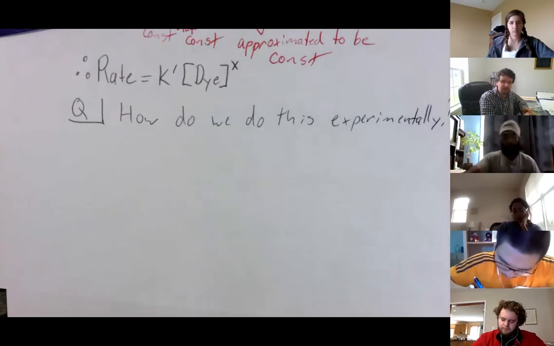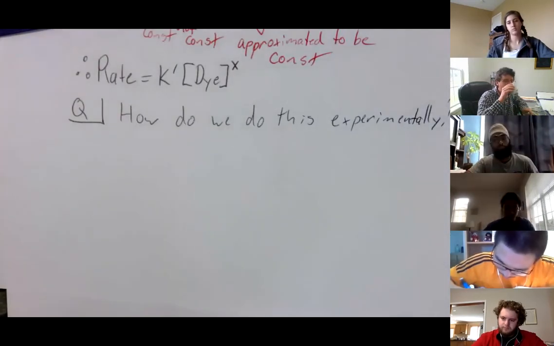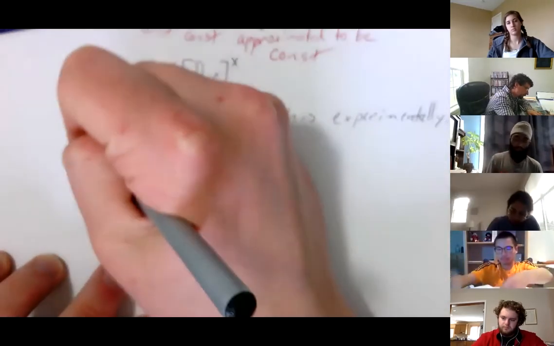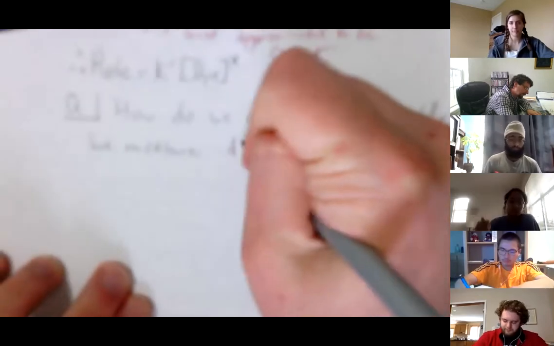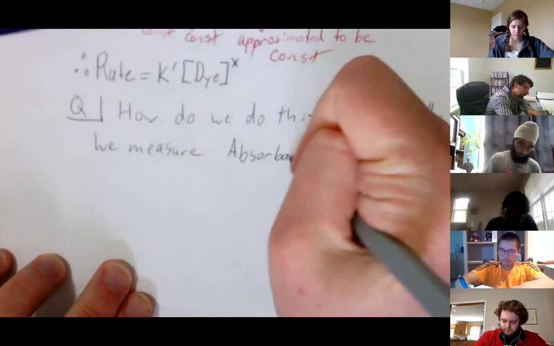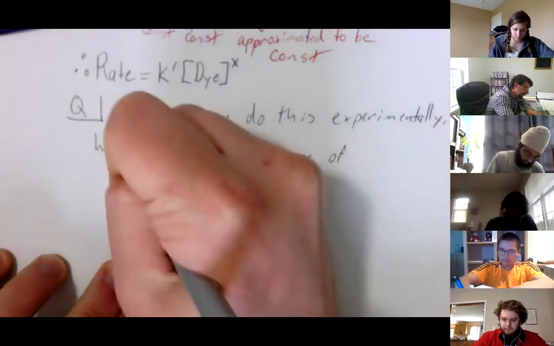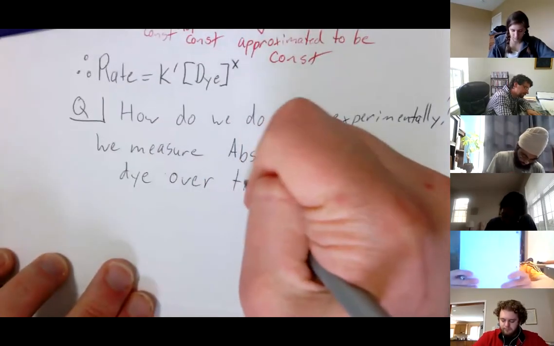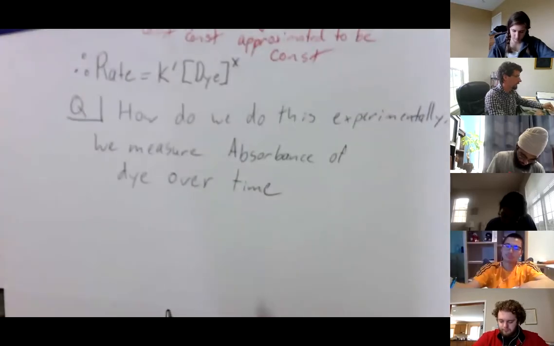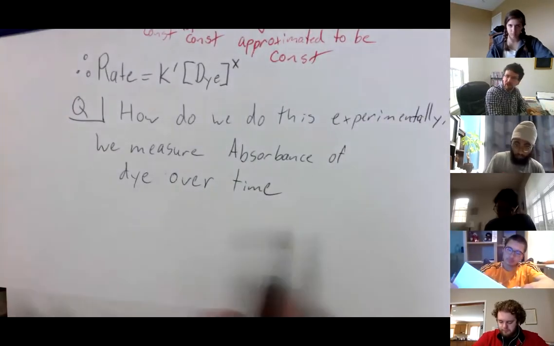Anybody have any ideas? We measure the absorbance versus time first. Mm-hmm. So we measure the absorbance of dye over time. And how do we measure that absorbance?